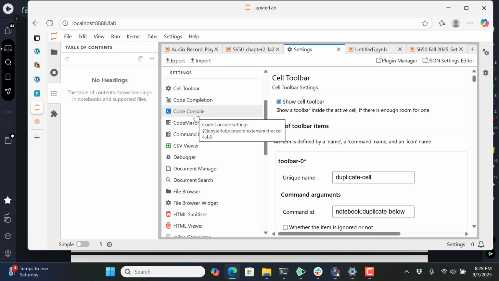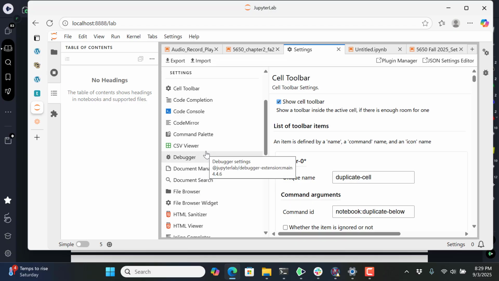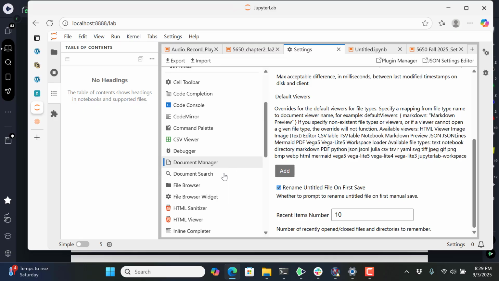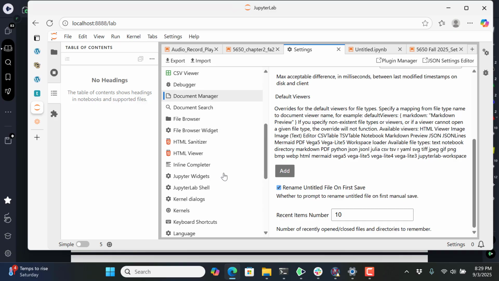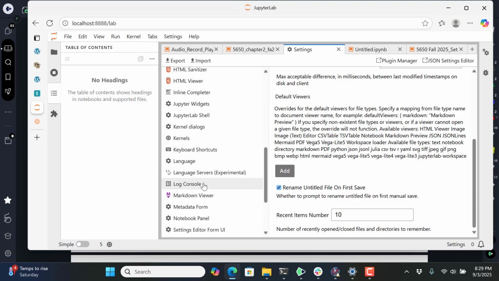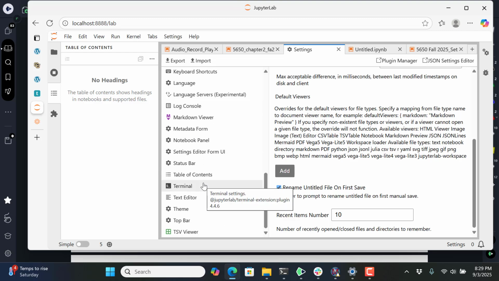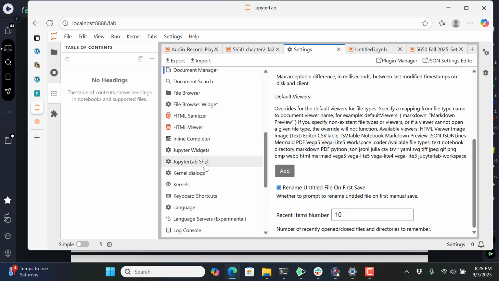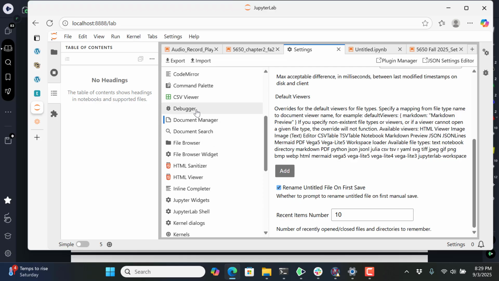It had become an issue for me, and then I found by Googling how I could manage this. It's not Document Manager. If I can't find it, I'm going to try to remember how to find it next week. It's Notebook. Okay, it's Notebook.